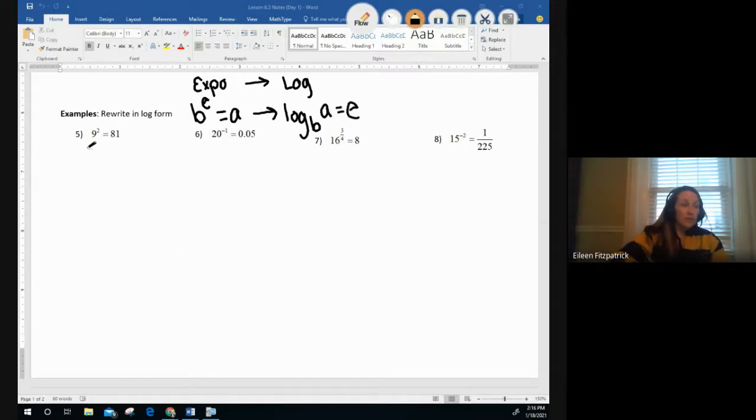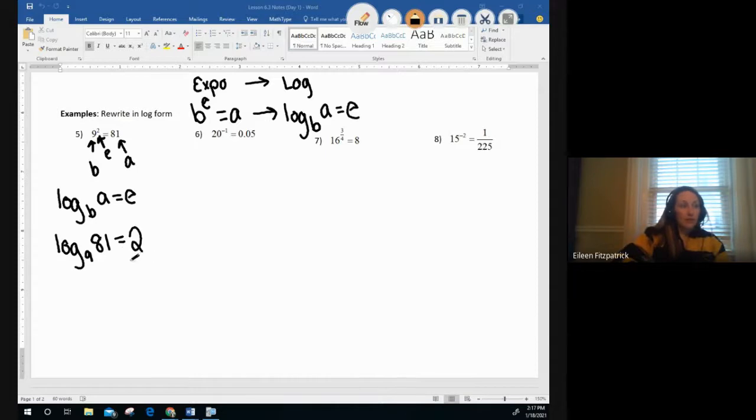So just identify it like we did for the last problems. This is base, exponent, answer. We know that 9 squared is equal to 81. That is true, but I want to write it as a log problem. So log bacon and eggs would be log base 9 of 81 equals 2.